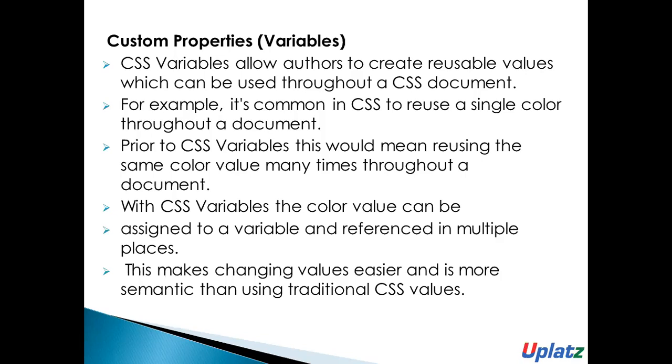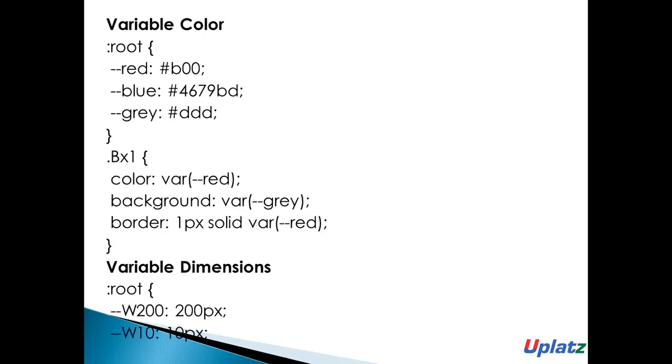This means you can reuse the same color many times. With CSS variables, the color value can be assigned to a variable and referenced in multiple places. This makes changing values easier and more semantic than traditional CSS values.